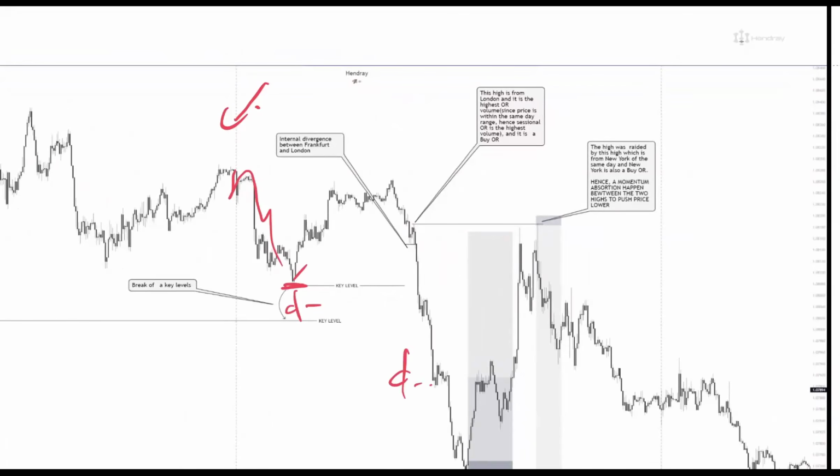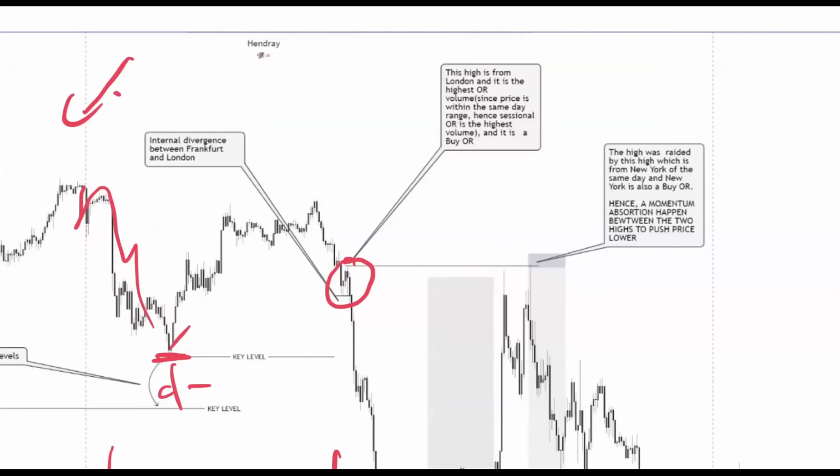Nothing changed, and there was not even a divergence between the previous day and the present day. So D minus shows that price still wants to continue downward. But internally here, in this range, the high of London, ISOR, there was a sessional divergence.